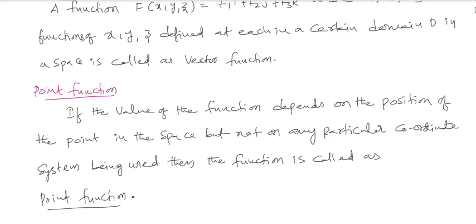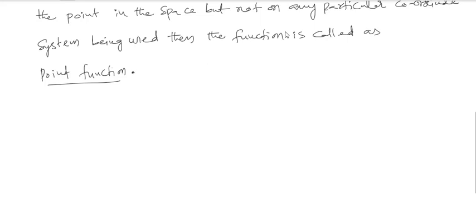Nothing more to it. See here, the value of the function depends only on the position of the point in the space, but not on the particular coordinate system. Then I can call that function the point function. So let me take the graphical representation.